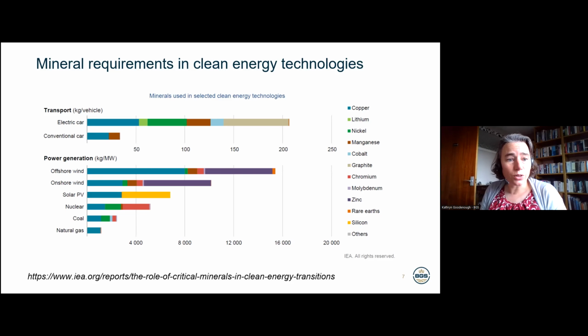But that aside, you can see that for an electric vehicle, the amount of different minerals required is substantially more, probably about 5 times more than was needed in a conventional internal combustion engine car. And similarly for offshore and onshore wind and for solar, again, you need a whole range of different raw materials that you didn't need if you were burning coal or natural gas for much of your energy. So it just demonstrates how many more different raw materials we're going to need and how much more of those raw materials we will need.